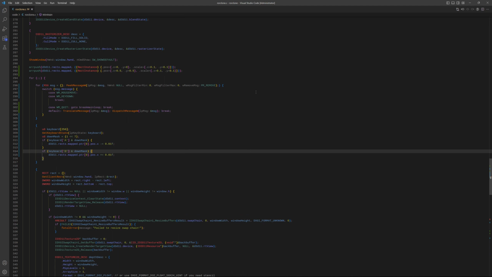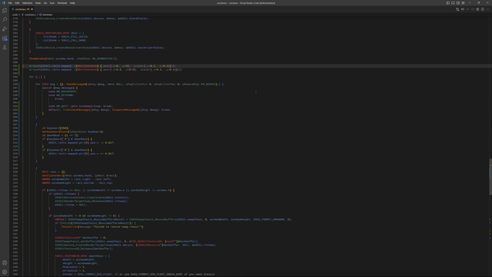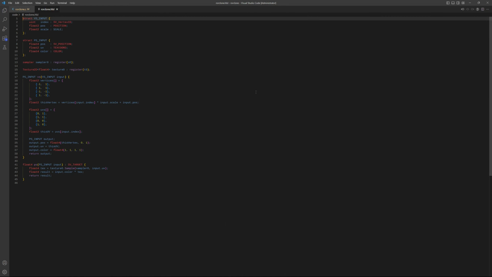So let's also, this scale thing, it should probably not be a scale, it should be dimensions. Dimensions in world units, and position is also position in world units. Let's look at the shader. Position and scale.